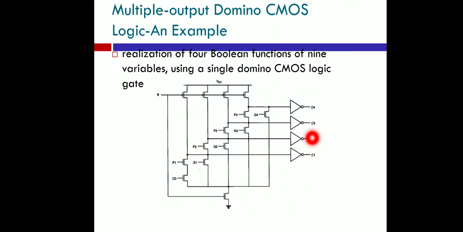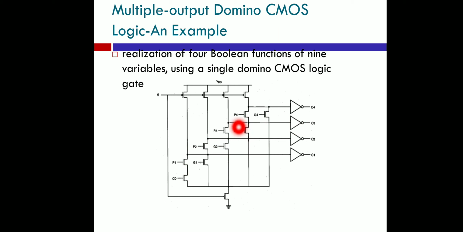Now what will be C2? C2 will be G2 plus P2 G1 plus P2 P1 C0. That's the expression that we'll get. Is it clear? Like that, what will be C3?